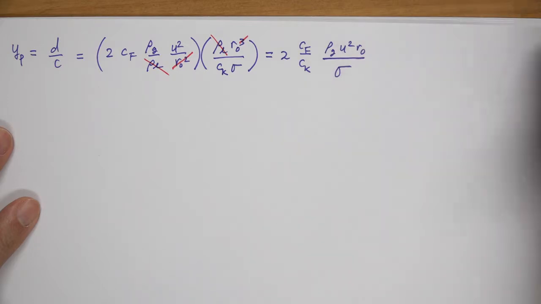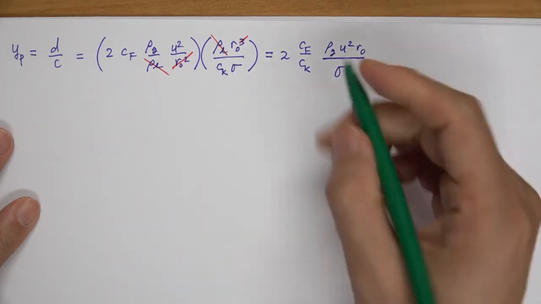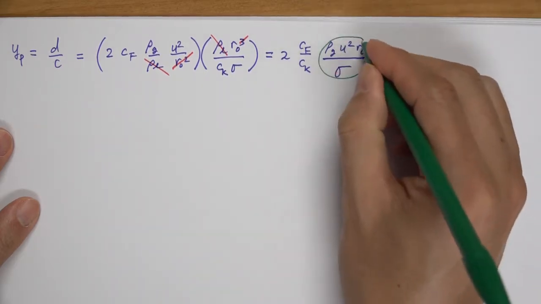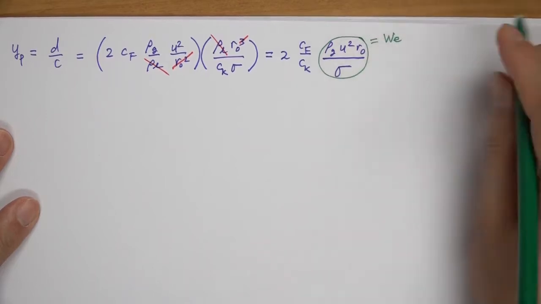And what does it look like? This is a Weber number.